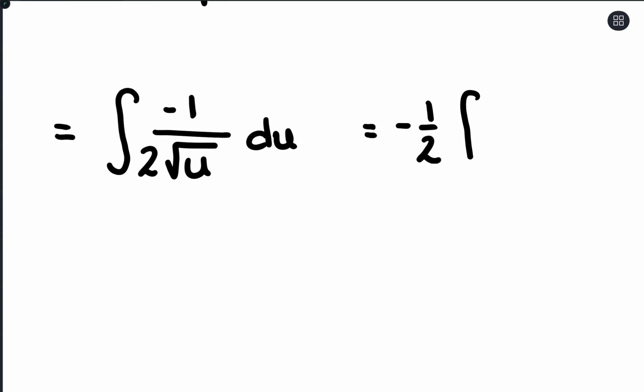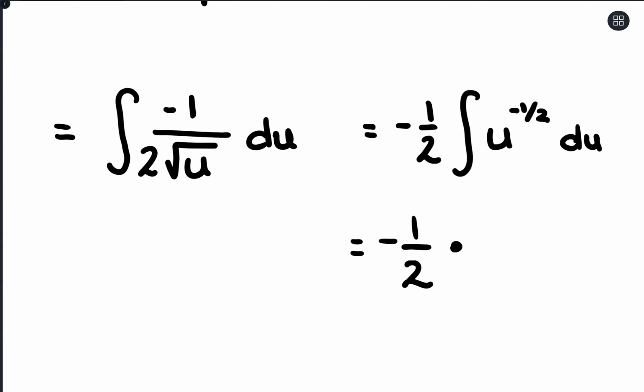So just take the negative 1/2 out. So then we're just taking the antiderivative of 1 over the square root of u, which is the same as u to the negative 1/2 du. So that negative 1/2 is going to stay out front, and then taking the antiderivative of u to the negative 1/2, so we'll have u to the negative 1/2 plus 1, which is a positive 1/2, divided by positive 1/2.